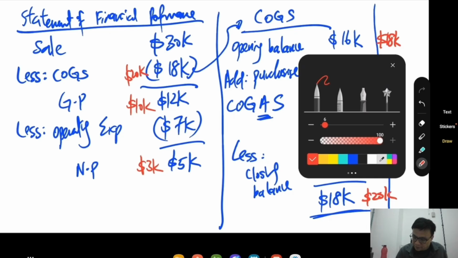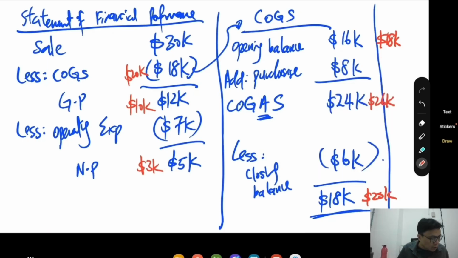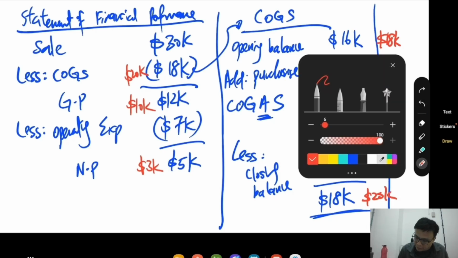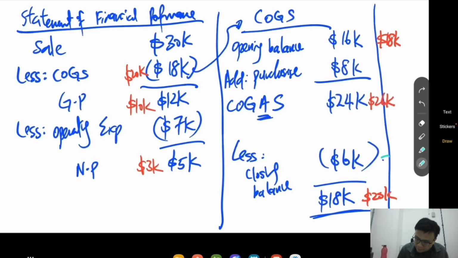So let me use another color. I will use green color. Closing stock over here, assuming closing stock is overstated. So instead of 6K, let's say it is now 7K. If it is 7K, your 24K minus 7K, that will give you how much?